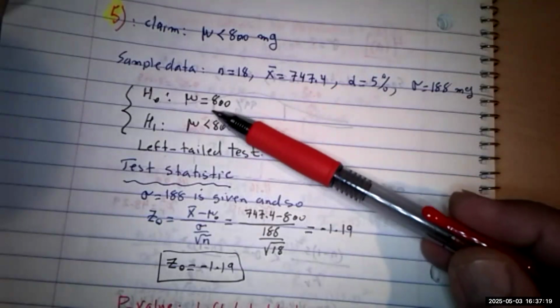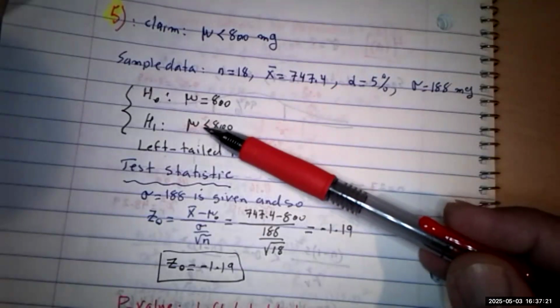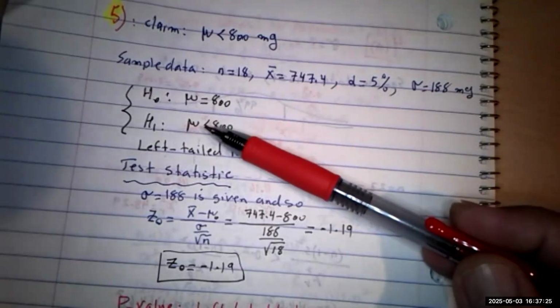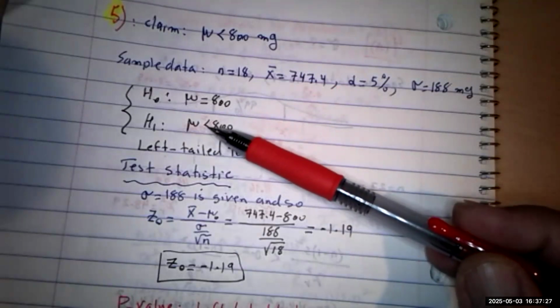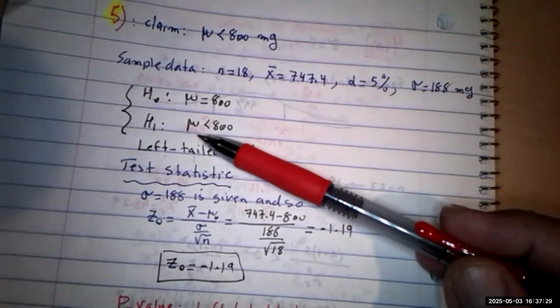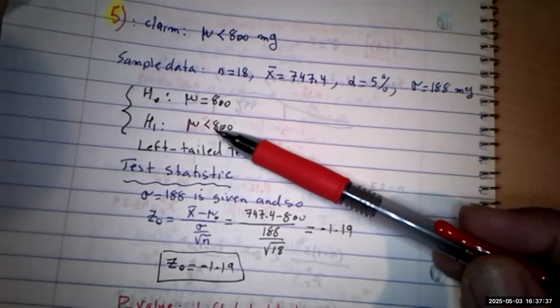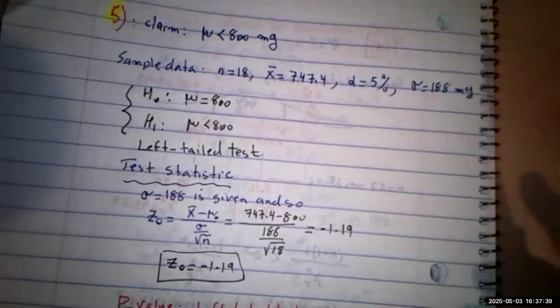So you have to make a comment for us. Since you want to reject it, you write something negative for it. Say, there is not sufficient evidence to conclude that mu is less than 800.